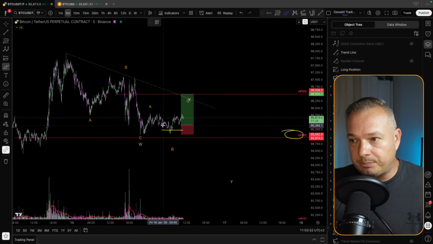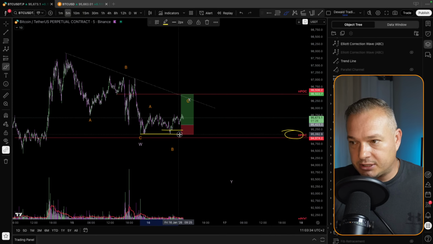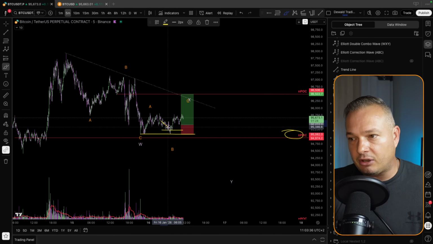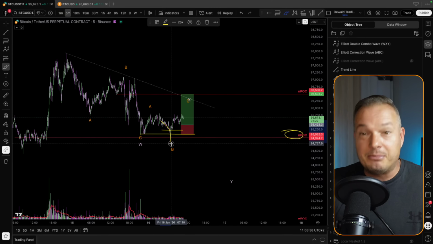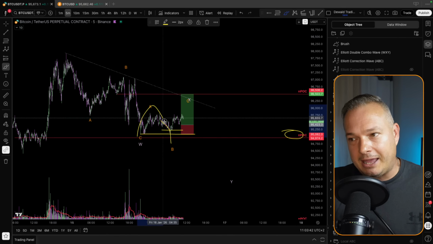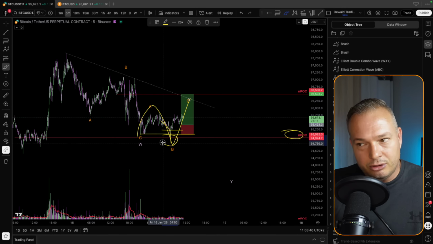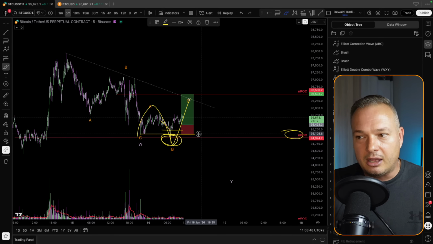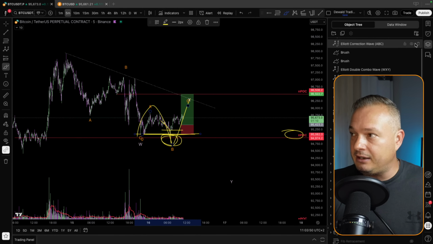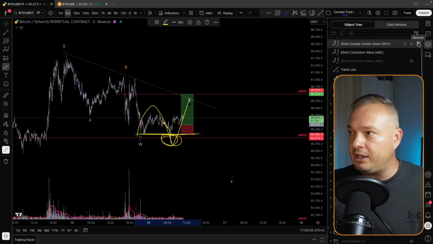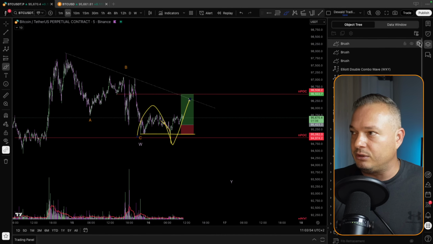If I get stopped out, because that's my stop loss, I'm then looking for a B flat, because you could form an A, B flat, and a C to the upside. So I was still looking for a long in this zone. I get stopped out, and then these levels become very interesting trading levels here to the downside.